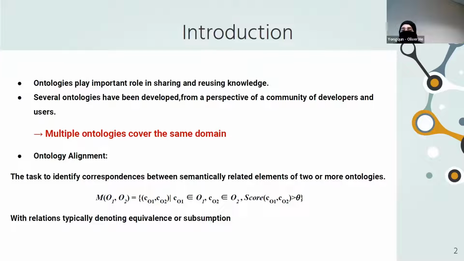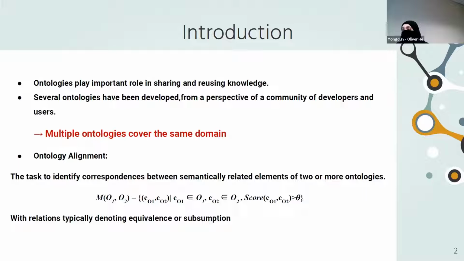When this happens, there are multiple ontologies that cover the same domain with different levels of variation between them, and the reason for that is the human nature of having different perspectives.